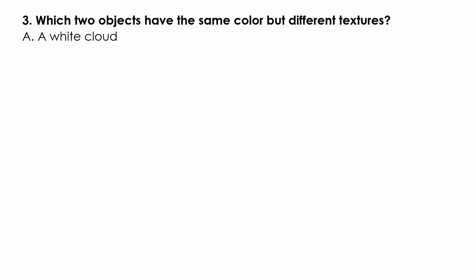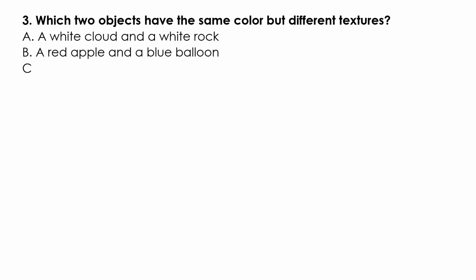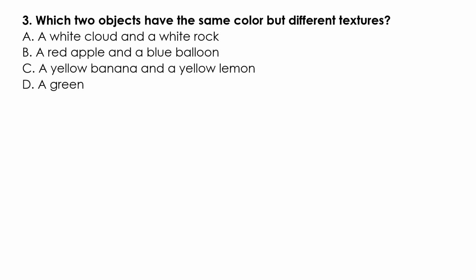3. Which two objects have the same color but different textures? A, a white cloud and a white rock. B, a red apple and a blue balloon. C, a yellow banana and a yellow lemon. D, a green leaf and a brown stick. 4.